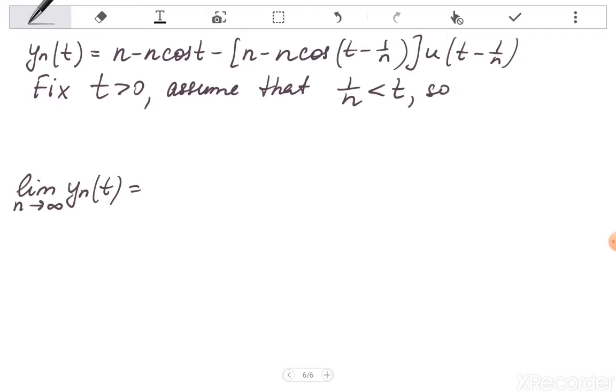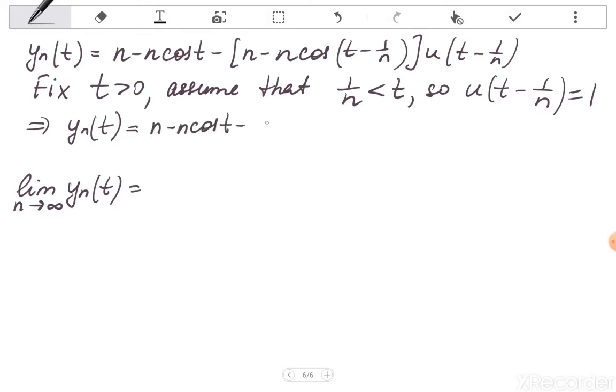And under these conditions, the value of the function t minus 1 over n is just 1, right? And so y over n, here we replace u with just 1. This is n minus n cosine t minus n plus n cosine t minus 1 over n.